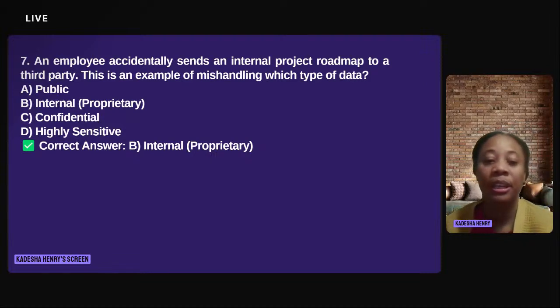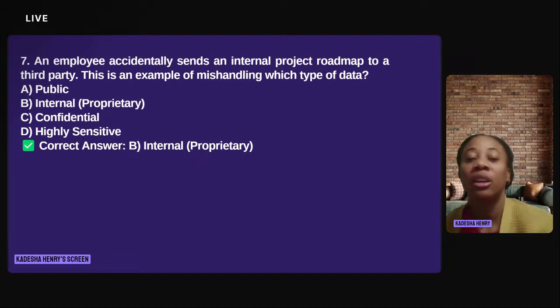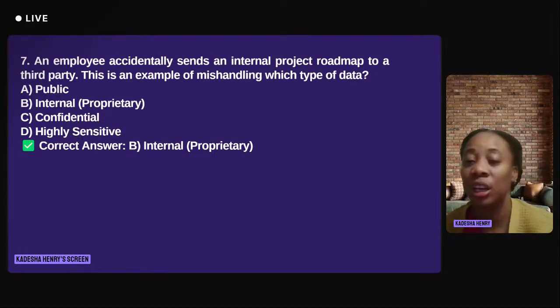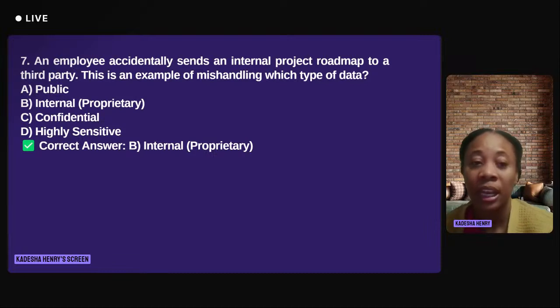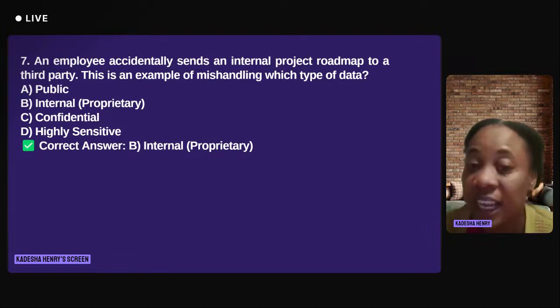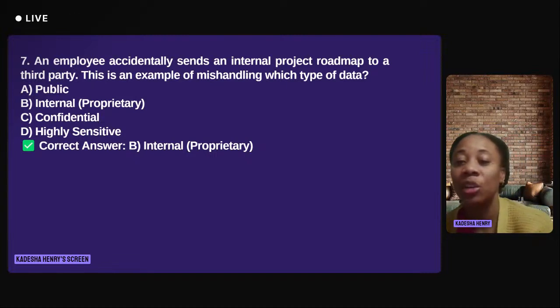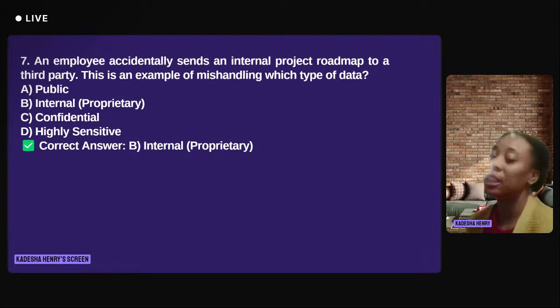The correct answer would be internal, because they accidentally sent an internal project roadmap to a third party. They mishandled the internal data.